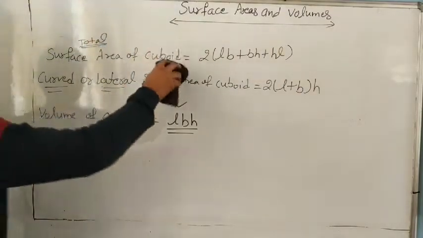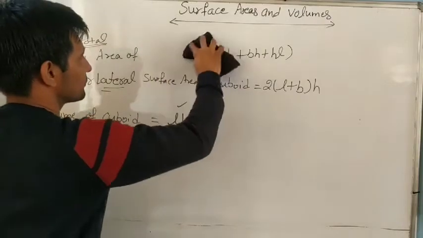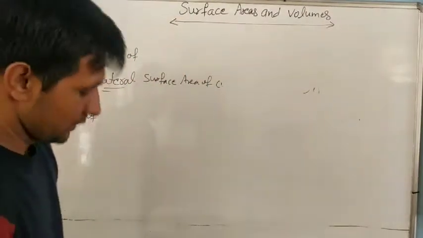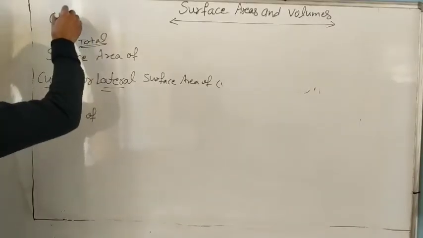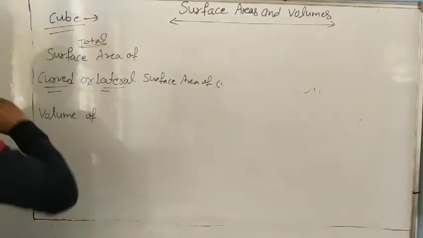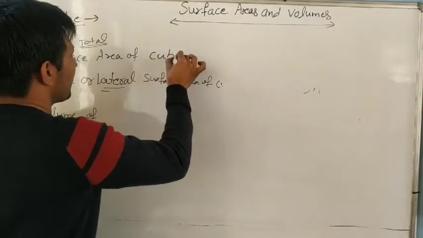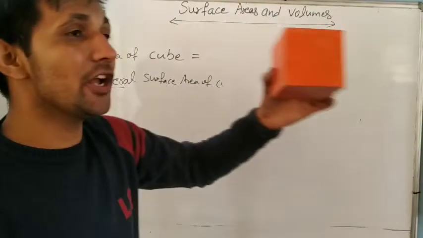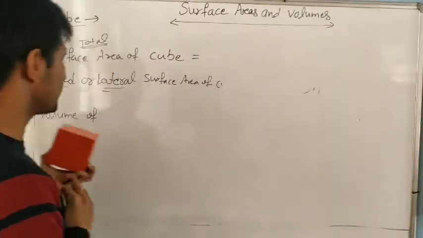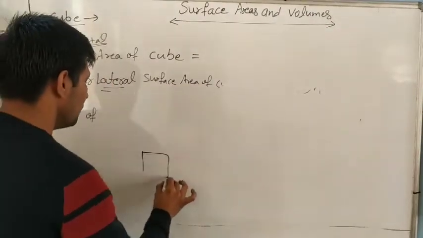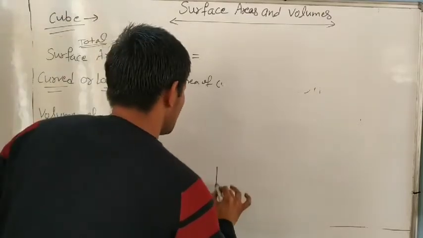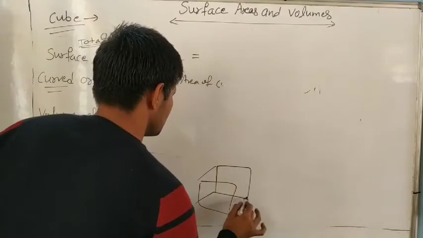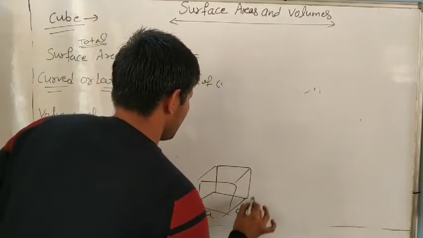Now we will start with the cube. Same as before, surface area of a cube. Surface area means the area of all 6 faces, and in a cube the length, breadth and height are always the same, a.